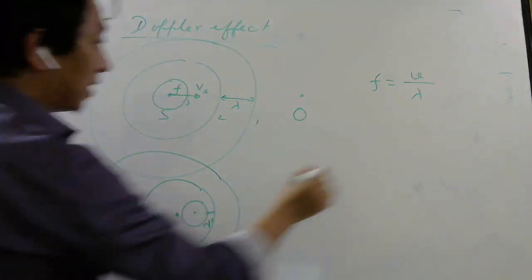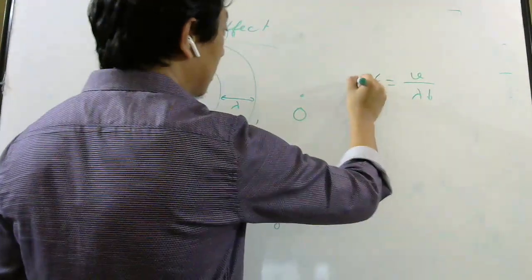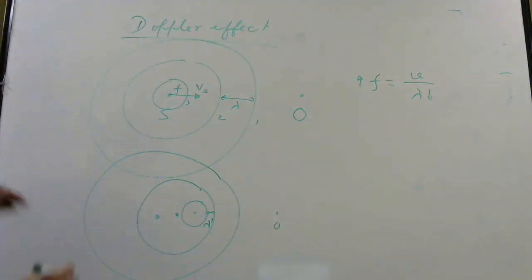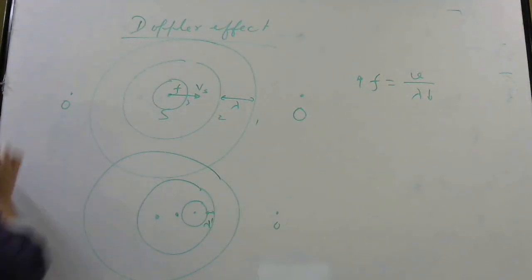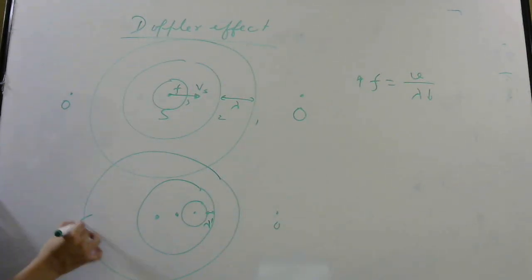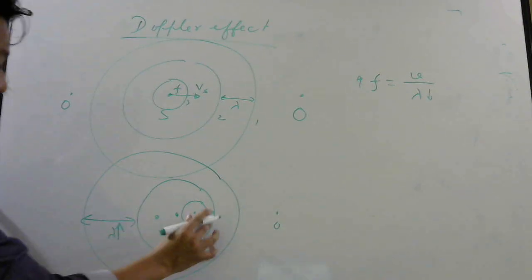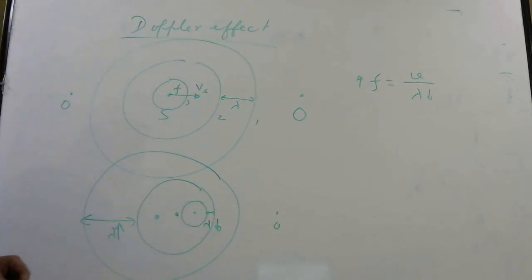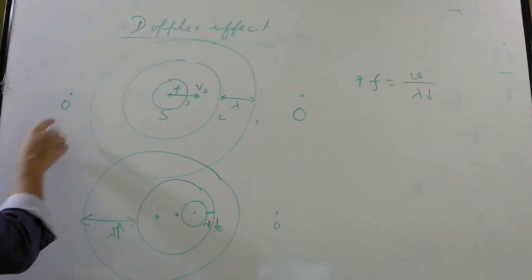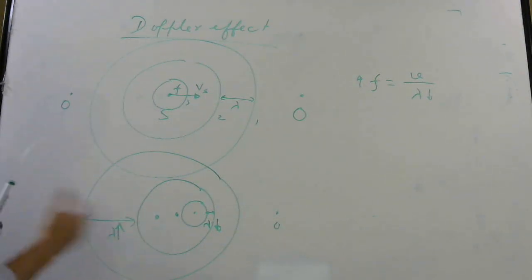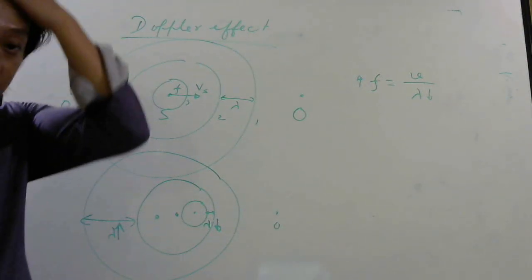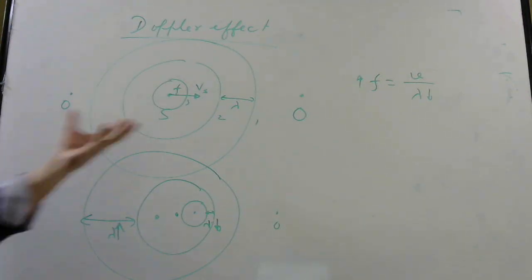So because wavelength has decreased, frequency will increase. What if the observer was here? Then you can see the wavelength has increased. Here wavelength has decreased, there wavelength has increased. So this observer here will receive less number of waves per second. Okay. So I hope you got the point.